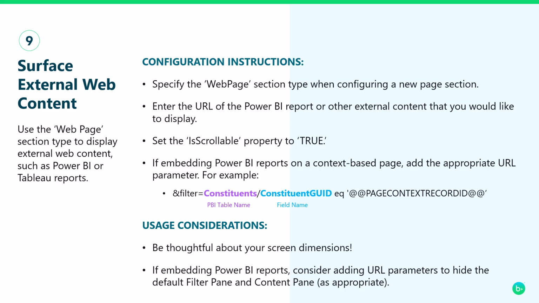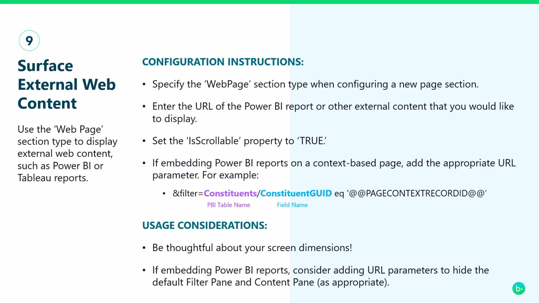And the key bit here is the syntax for being able to access the data fields is that double @ sign. So that is effectively the kind of parameter indicator when you're working with a URL in the new page section. As you can see here, another reminder about screen dimensions.